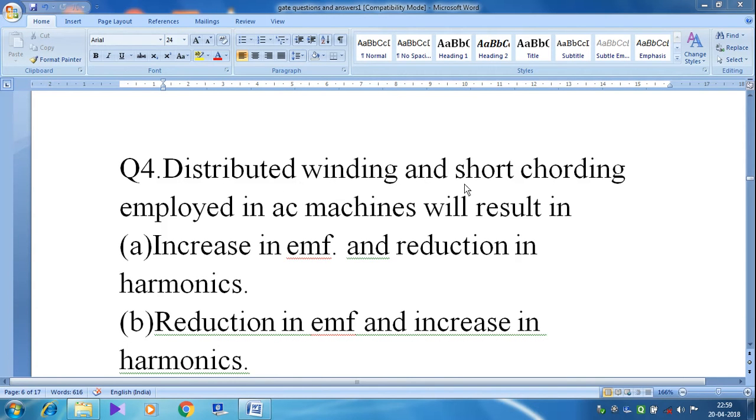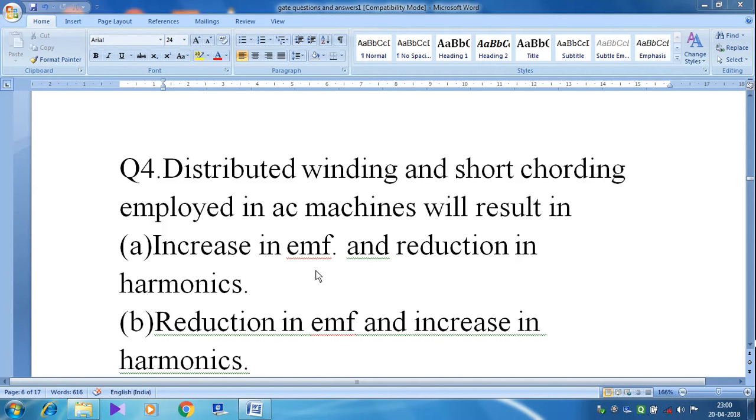Still, we are giving distributed and short coding winding because there is a large disadvantage of providing full pitch winding and concentrated winding.